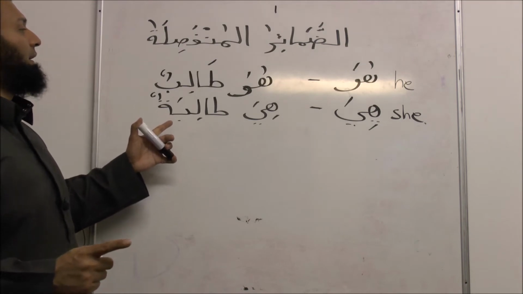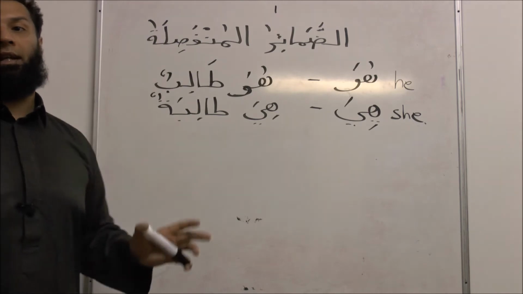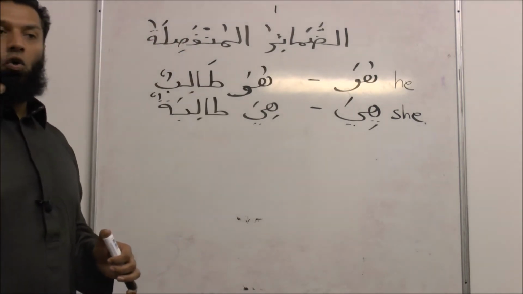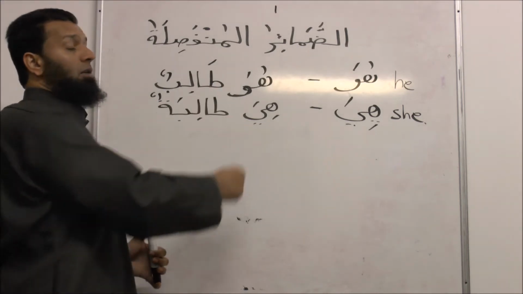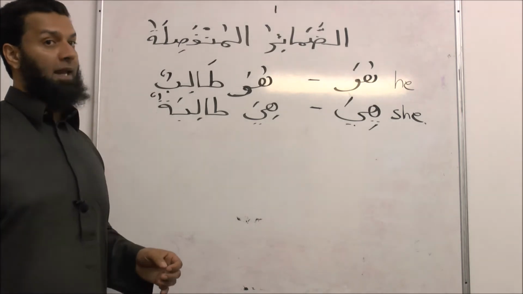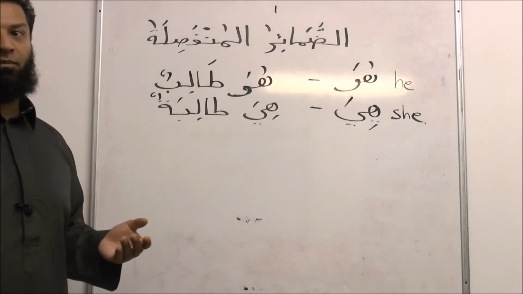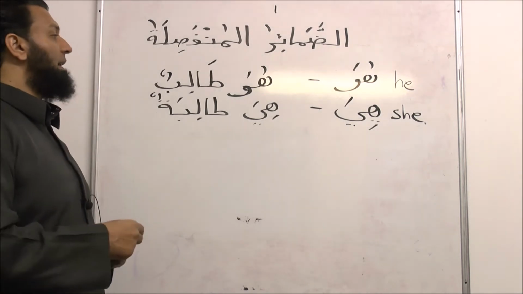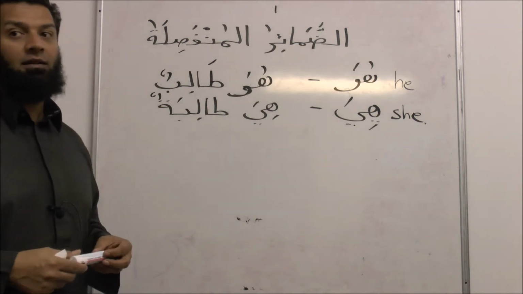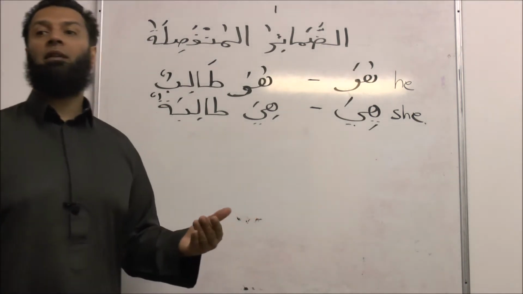Now, huwa talibun and hiya talibatun, that's clear. But as you know, in Arabic, all words are either male or female, as opposed to English. We say, this is a pen. Pen is neither male nor female. But if we wanted to say, it is a pen, how are we going to say it in Arabic?